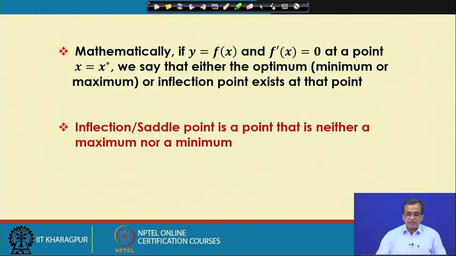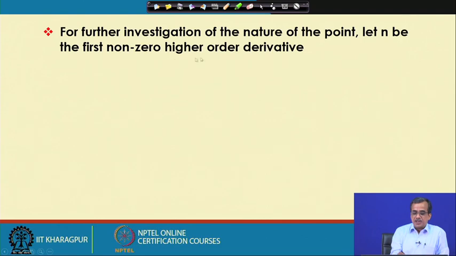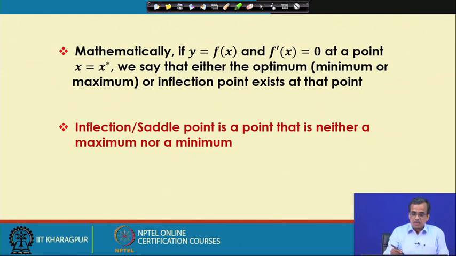Now, mathematically, if you want to represent what do you mean by optimization, I will have to take one example, that is y equals to f(x). So, this is a function of only one variable. Now, what we do is we try to find out the first derivative, that is f'(x), and we put it equal to 0.